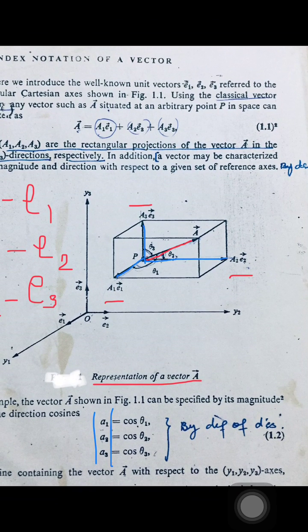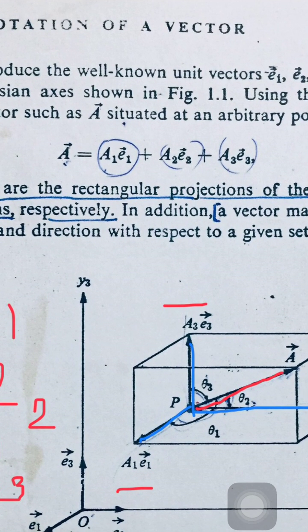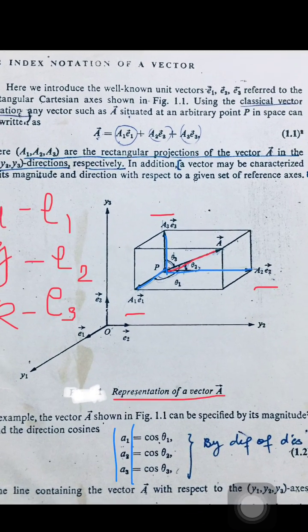So cos theta 1 is the direction cosine with axis 1. This is denoted by small a1. That is important here. You always denote the components by capital A1, capital A2 and capital A3, but the direction cosines are represented by small letters.